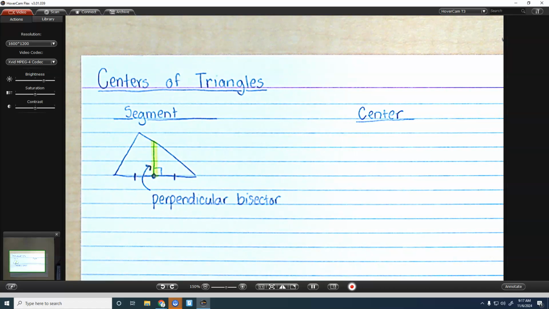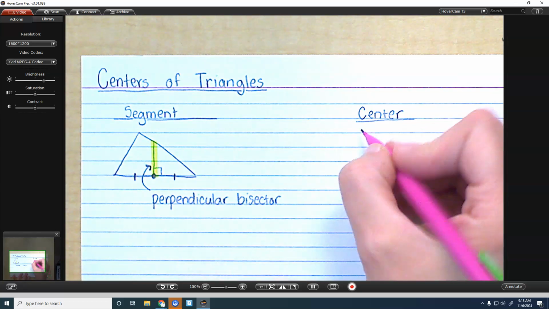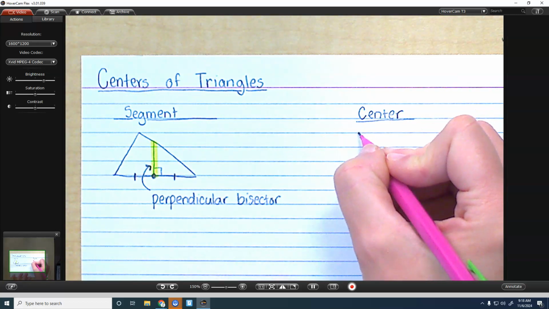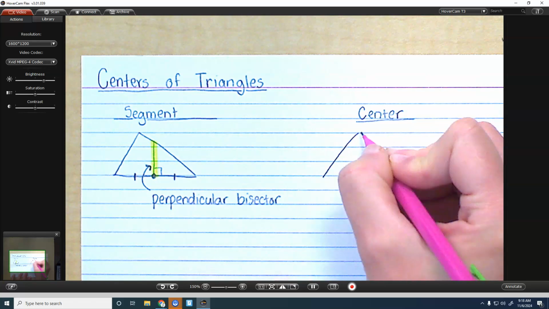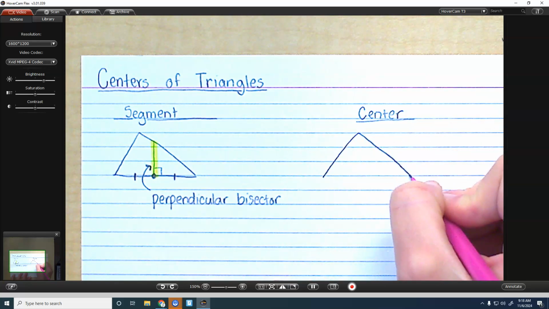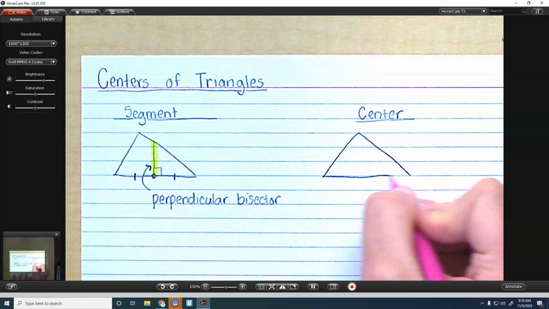Now, the center that goes with this is our circumcenter. So now we've got to draw a triangle that's got all of the perpendicular bisectors in it. So I'm going to draw a pretty similar triangle over here. It doesn't really matter what your triangle looks like.